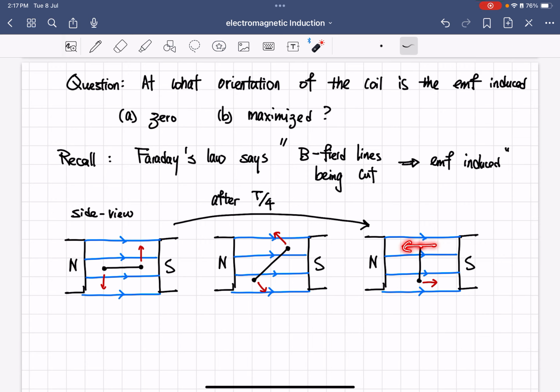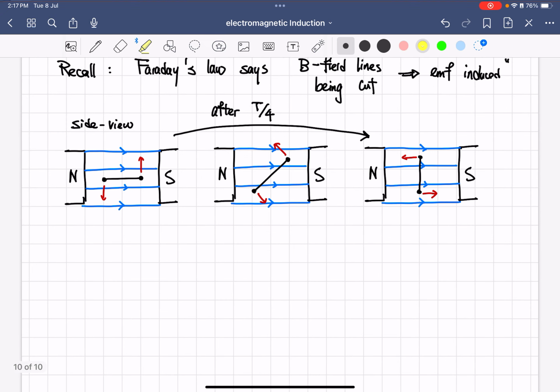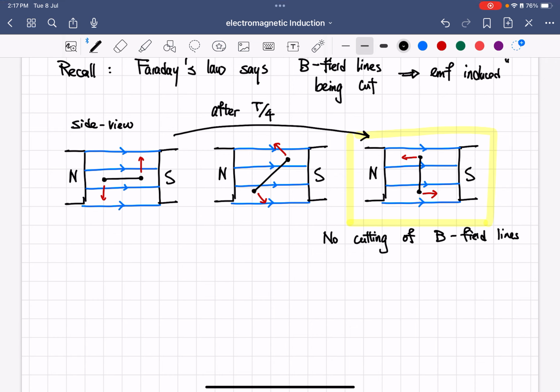It means that at this point, there's no cutting of magnetic field lines, because the side of the coil is moving horizontally, or parallel to the B field.